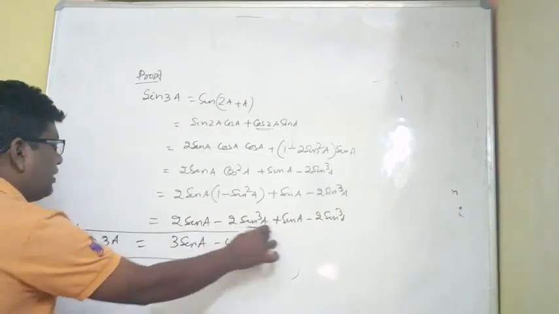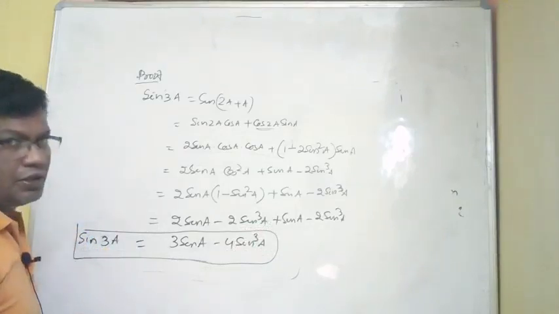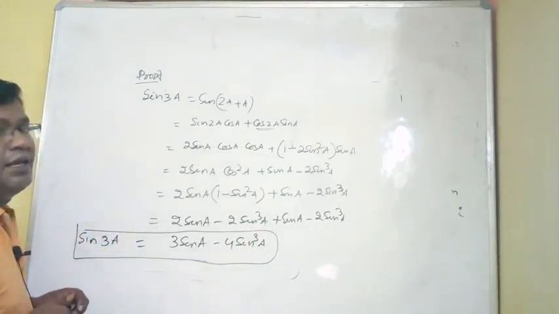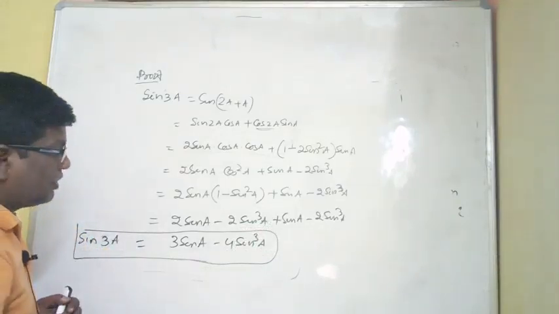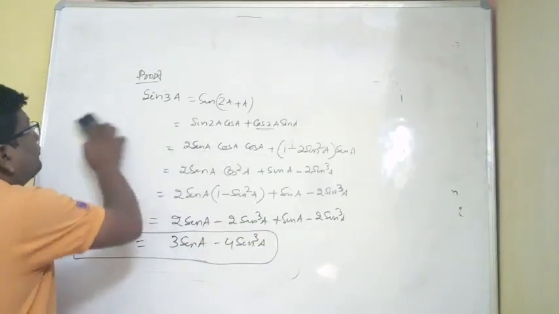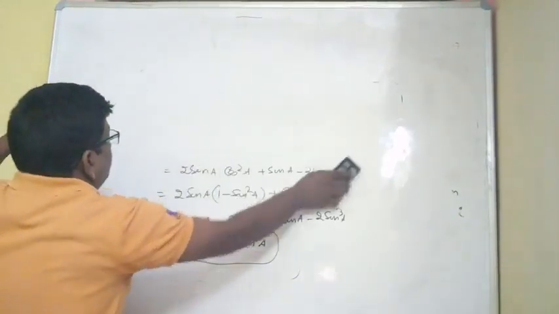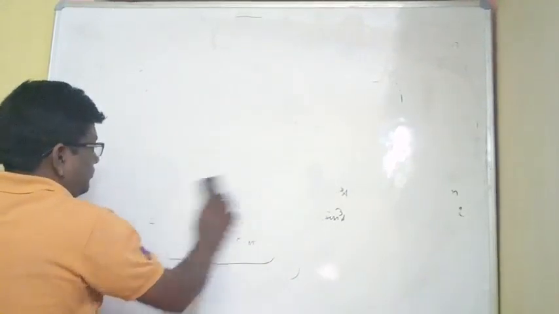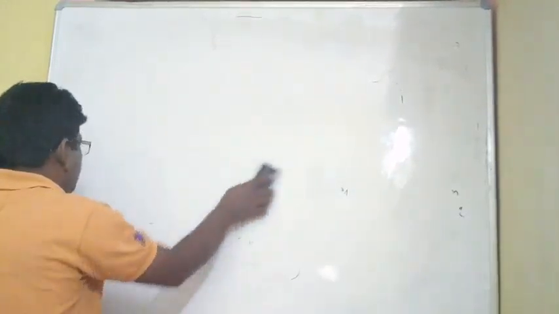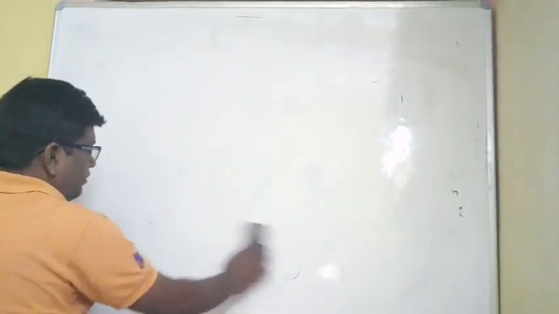Similarly, we can prove the other formulas by applying 3A is equal to 2A plus A. Now another formula from sin 3A.